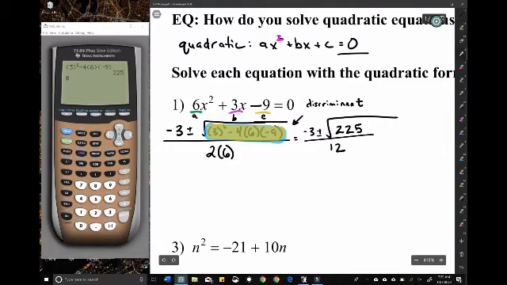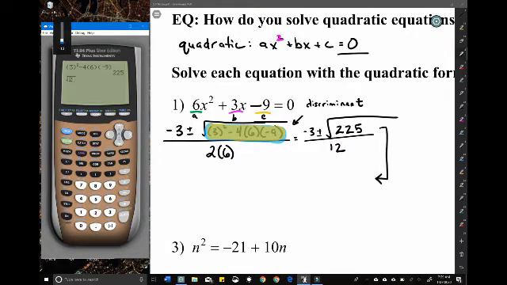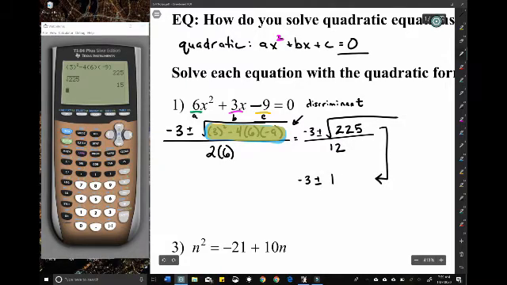Different things will happen. We'll see some different examples. Since this is a perfect square, you can try and take the square root. The square root of 225 is 15. So really what we have is negative 3 plus or minus 15 all over 12. And that's what x equals.